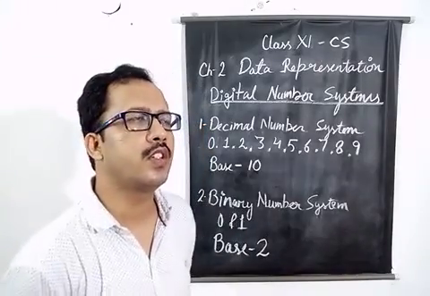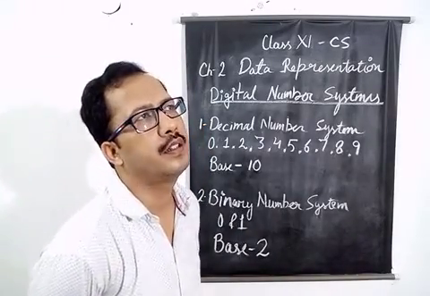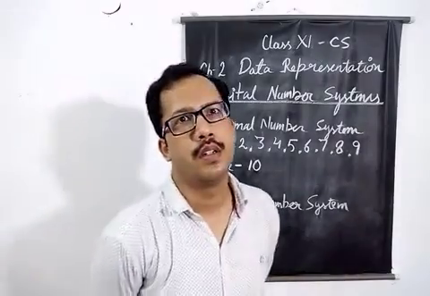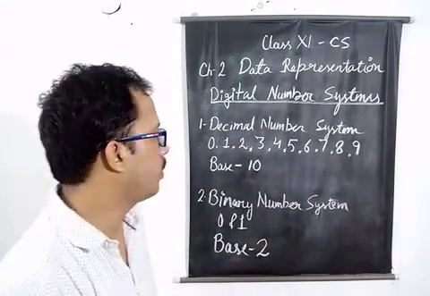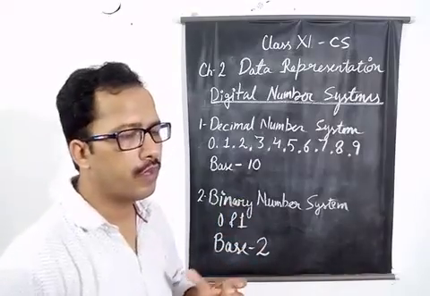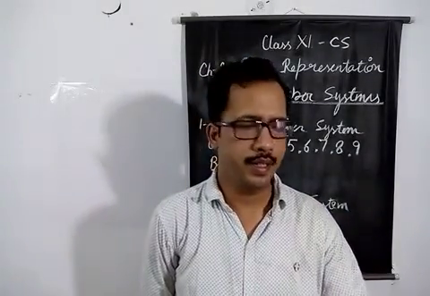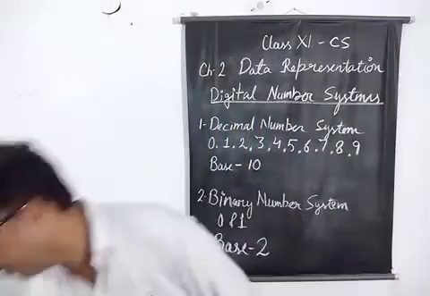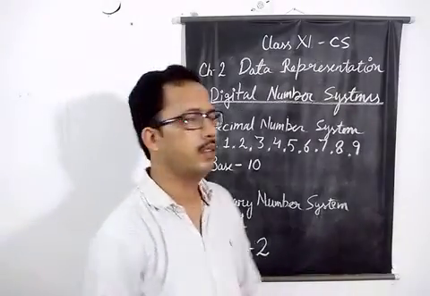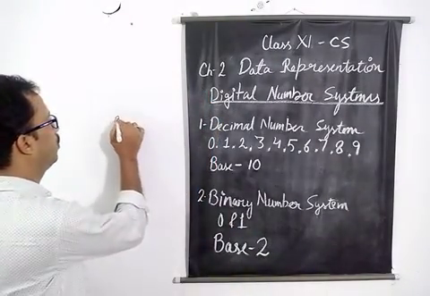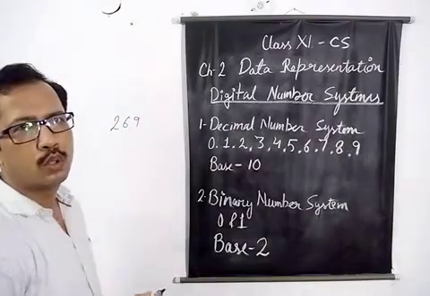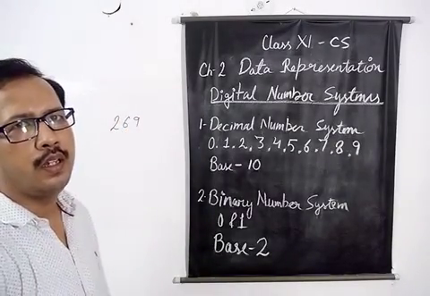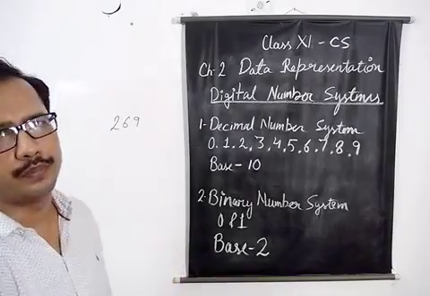In that number system, all the digits are represented by the base, and the base of that number system is 10. For example, 269 is a number represented in the decimal number system.